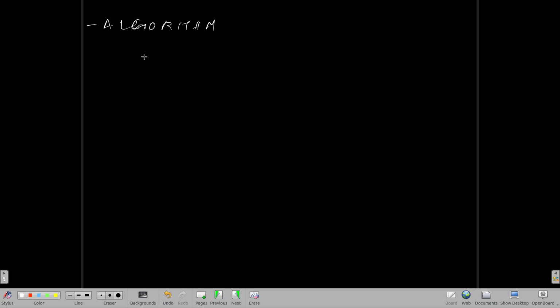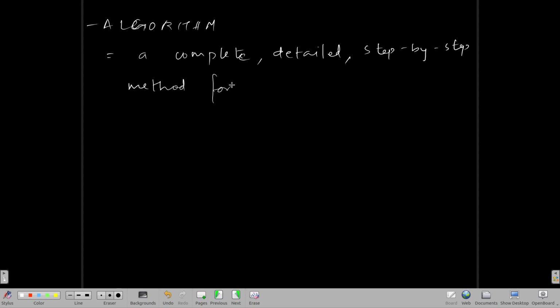I'll just write down the definition. Okay, algorithm is a complete, detailed, step-by-step method for solving a problem.